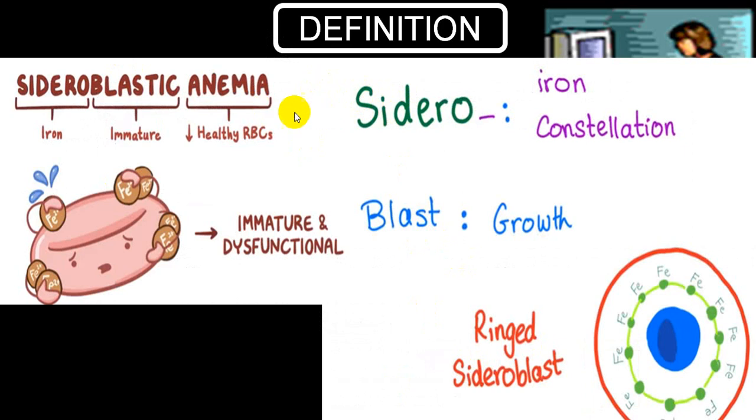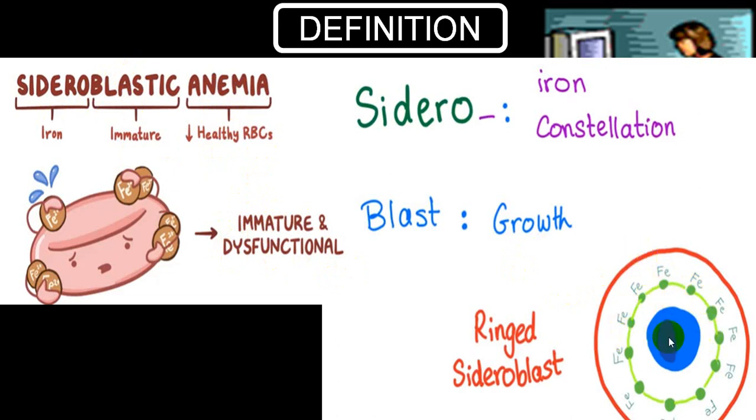There is another group we call sideroblastic anemia. Sidero means iron, blastic means immature cells, and anemia means a decrease in healthy RBC. So you get an immature dysfunctional RBC containing iron pigments around the nucleus.